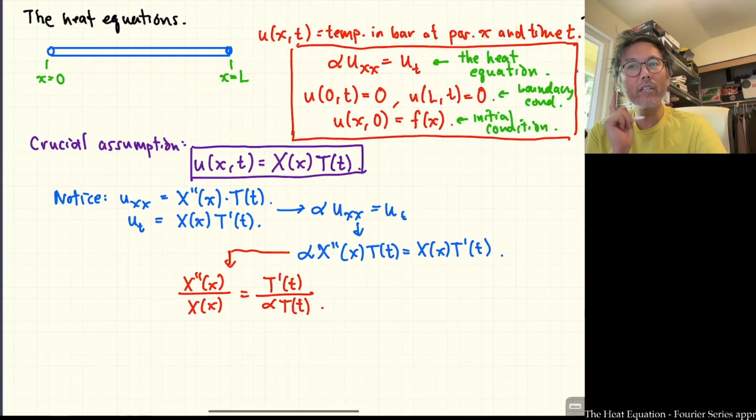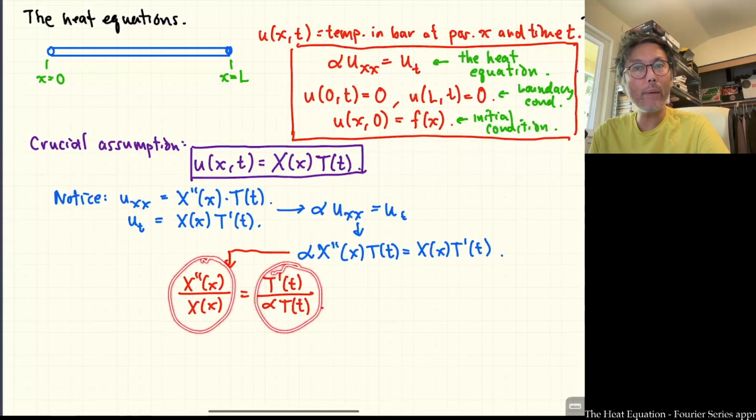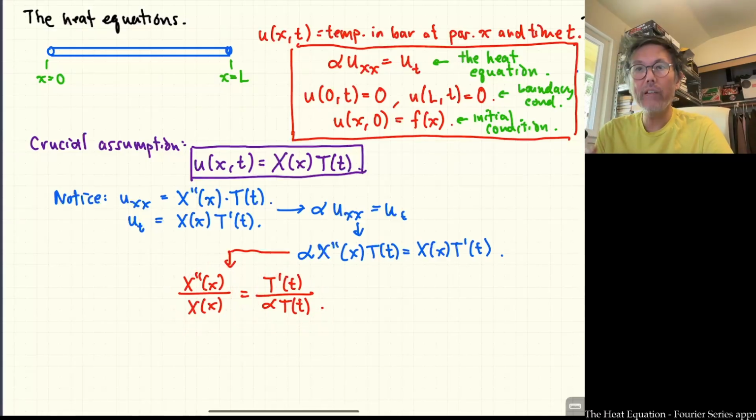So what conclusion do we draw? We draw the conclusion that this quantity here cannot really be time dependent, and this side here cannot really be position dependent. They both therefore must be constants, and they're equal to the same constant. That constant we're going to call negative lambda.